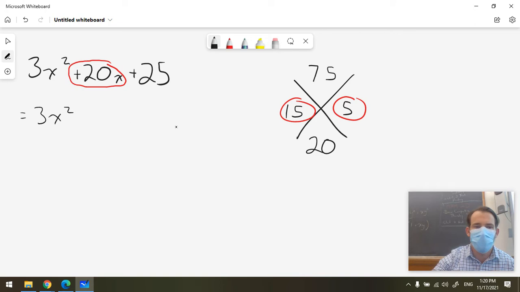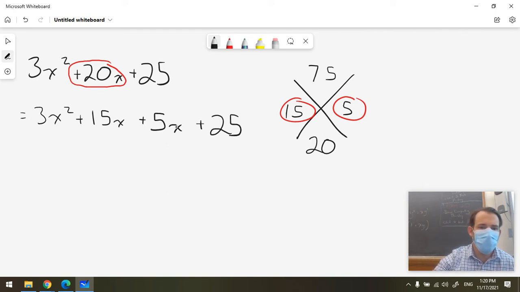Oh, that one is 15. Okay, 3x squared plus 15x plus 5x plus 25. Notice I grouped the one that was divisible by 3 next to this 3, and this 5 next to this thing divisible by 5. So that's how I decided to group it.